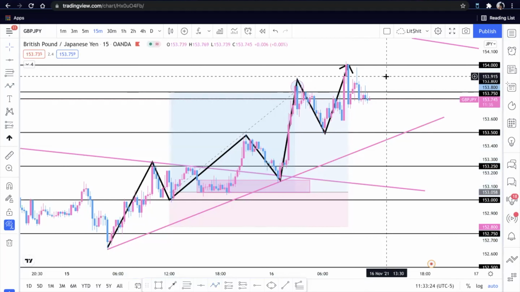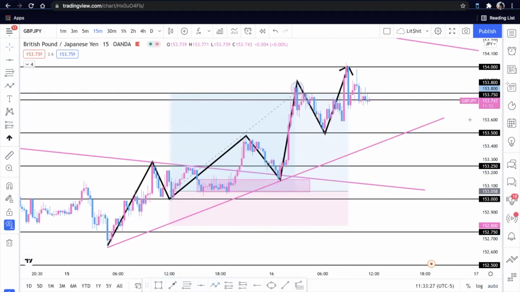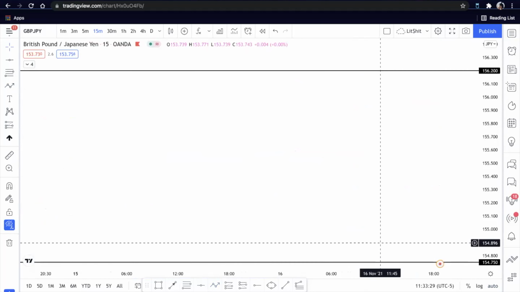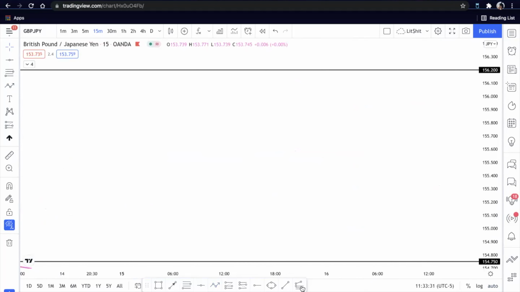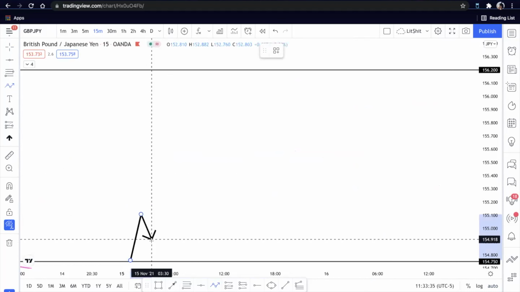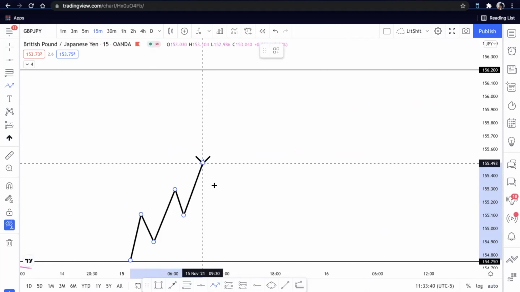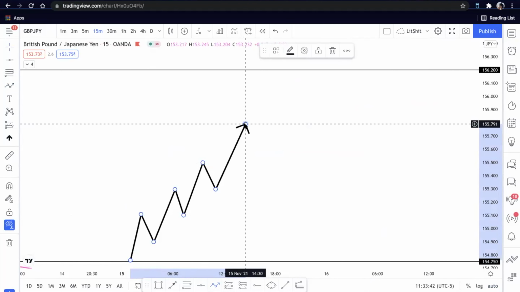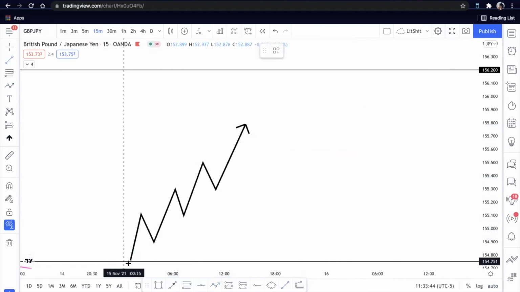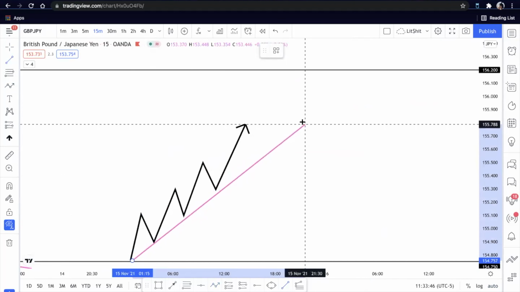Okay, so this is exactly how uptrends work, and I want to show you really quickly. So in an uptrend, you're going to see a higher high, higher low, higher high, higher low, higher high, higher low, and a higher high. Okay, and this is how your uptrend goes.